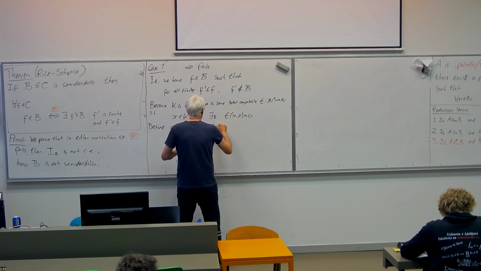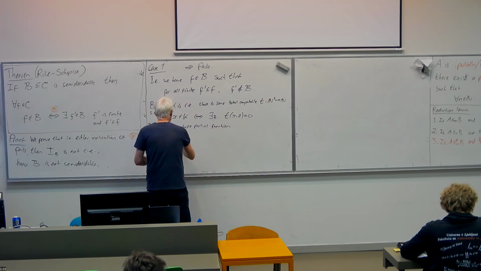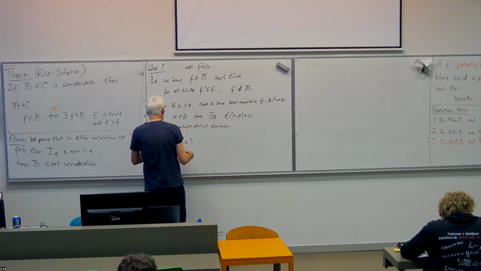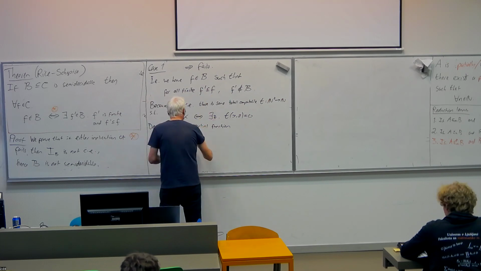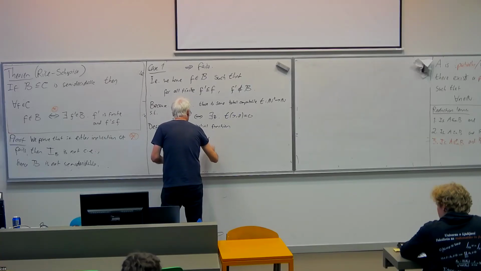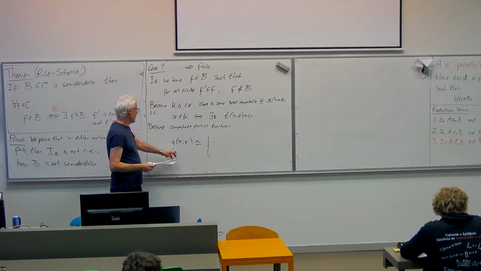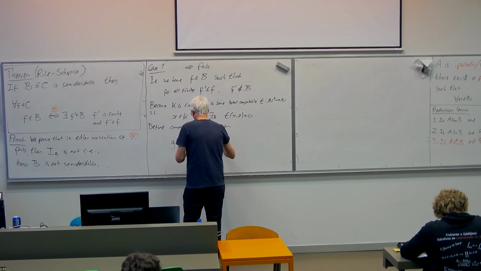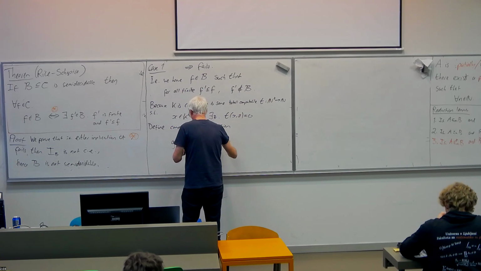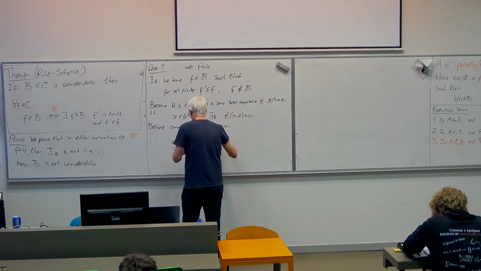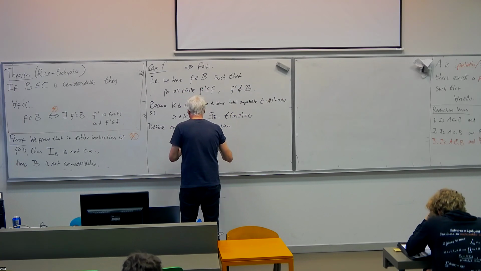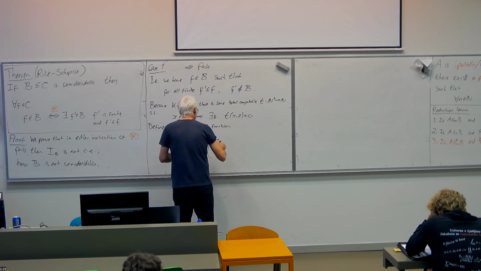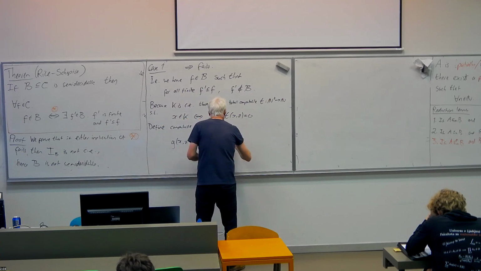So we're going to define a computable partial function, which we'll call G, and G of x, we'll call its second argument z, because it's going to relate to the z that we've got here. So the point is that we force G to be like F in its second argument, F of z.